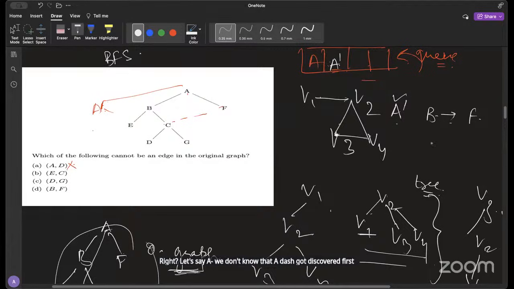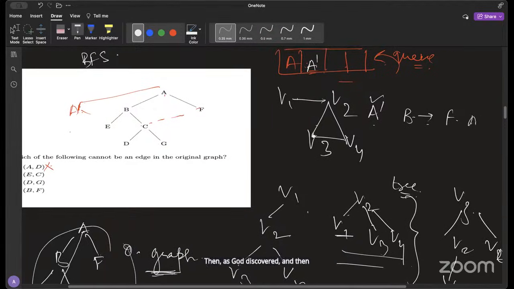It could also mean that B got discovered first, then F, and then A dash, but we wrote it in any order. That means we're not following an order on the same level. Then A and C can be an edge in the original graph.